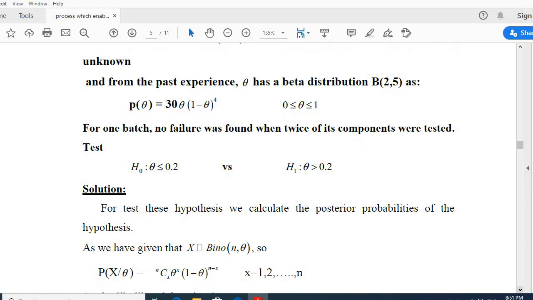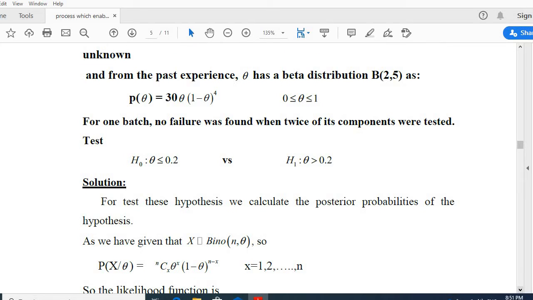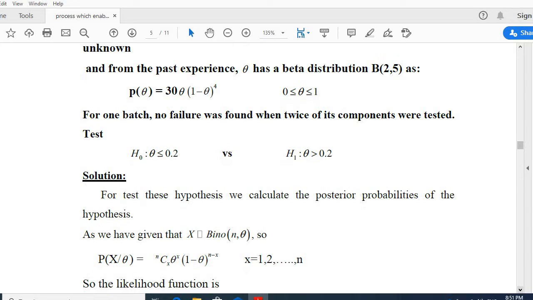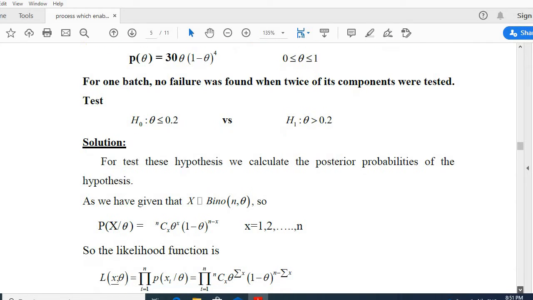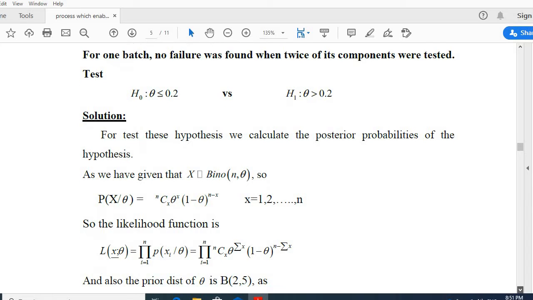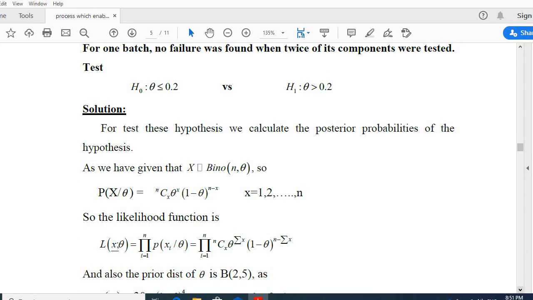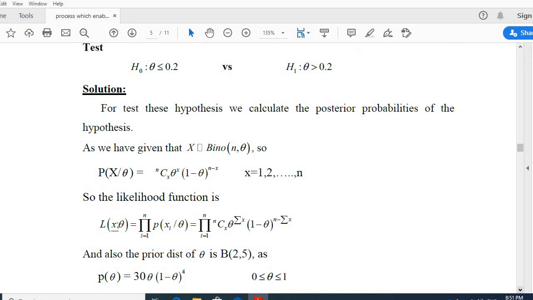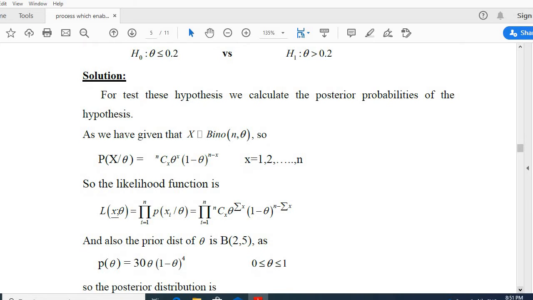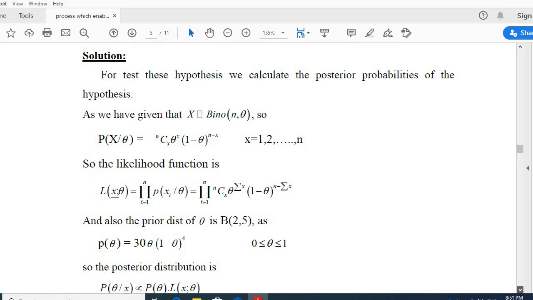As we have given that x is distributed binomially with parameters n and theta, therefore p(x given theta) is equal to nCx theta to the power x, (1 minus theta) to the power n minus x. The likelihood function of this is given as the product, i from 1 to n, of nCx theta raised to power sum of x into (1 minus theta) to the power n minus sum of x, and the prior distribution of theta is a beta with parameters 2 and 5, that is p(theta) is equal to 30 into theta into (1 minus theta) raised to the power 4.